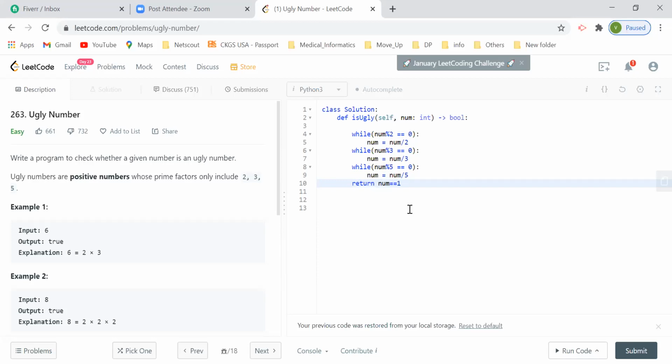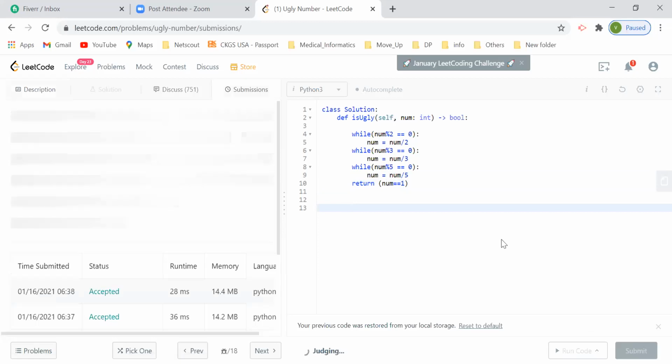And submit it. So yeah, I understand. This is like a conditional statement, right? Yes. This will be a conditional statement, correct.